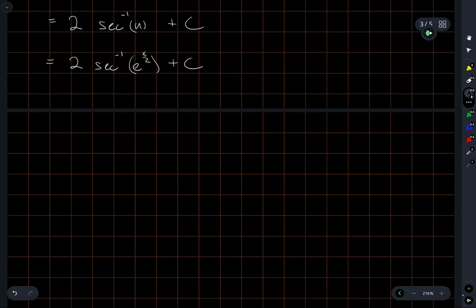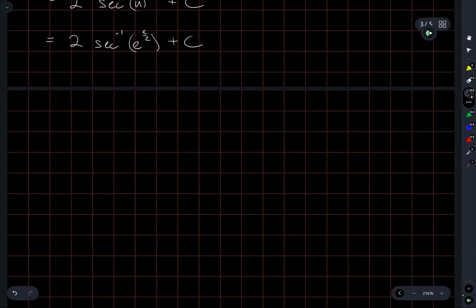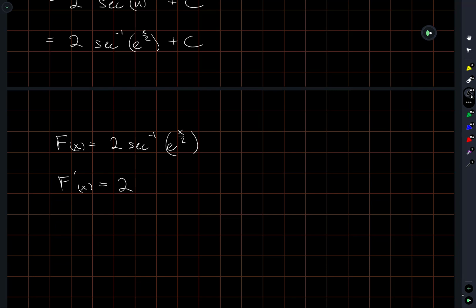Cool. And let's check our work. Let's take a derivative of this and make sure we get the original thing. Okay, so f prime is 2. I'll do the chain rule part first. So we have an e to the x over 2 times a half.